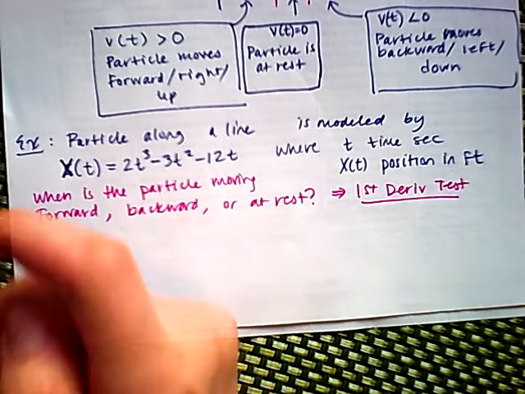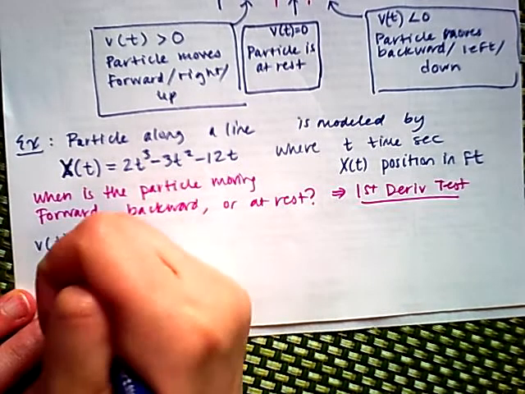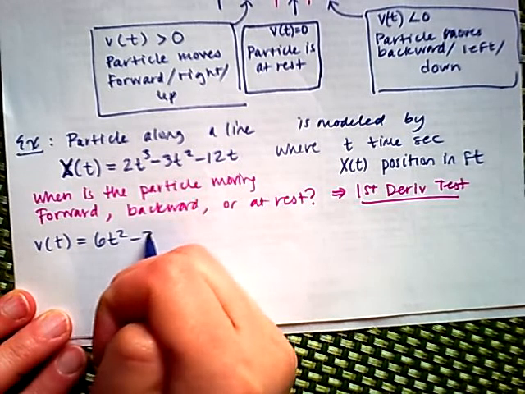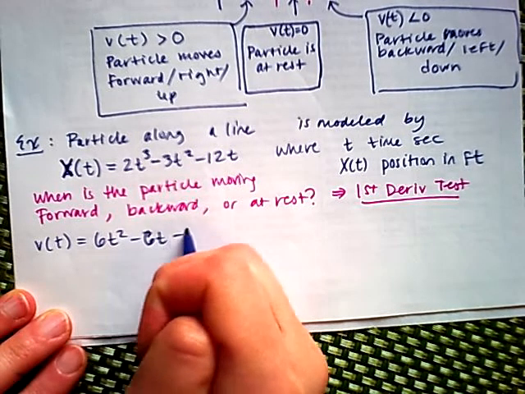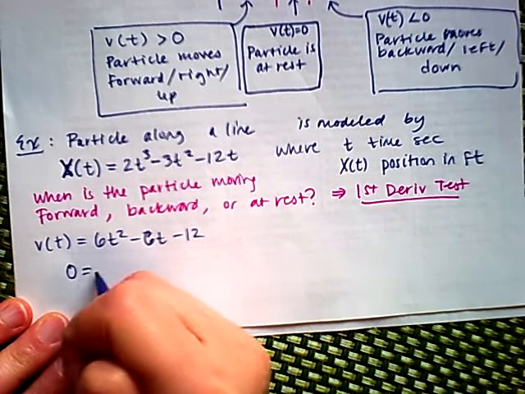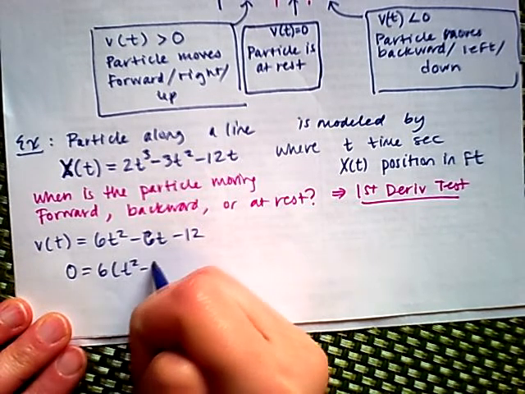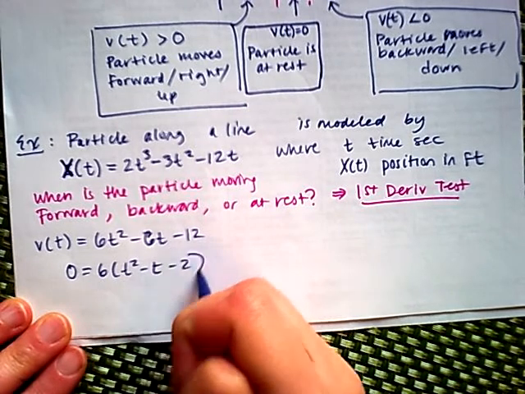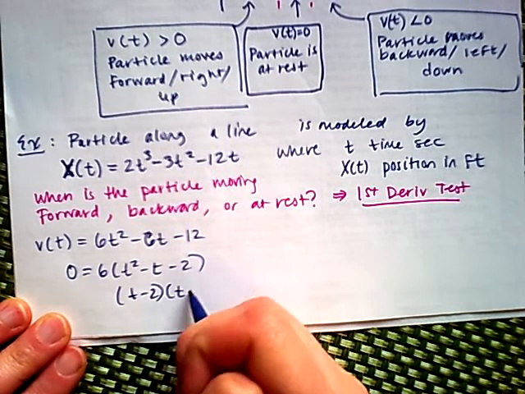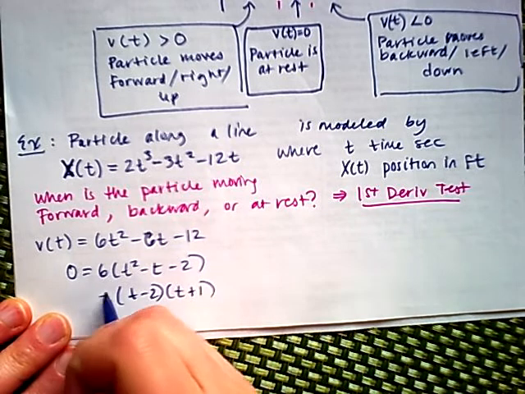So I'm going to find the velocity function, which I know is just the derivative of the position function, which is 6t squared minus 6t minus 12. I need to find the zeros here. Factor out a 6. Then I can factor that into t minus 2 and t plus 1.